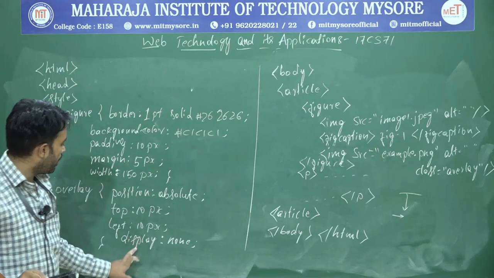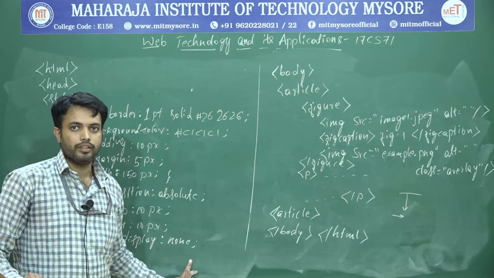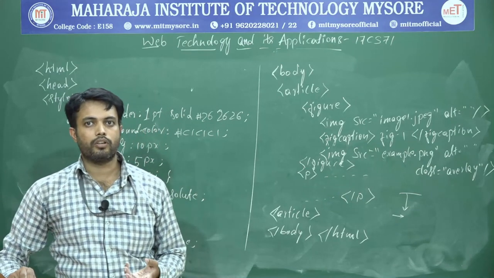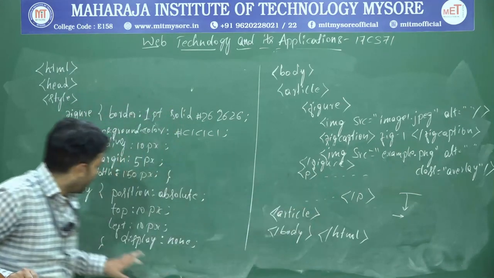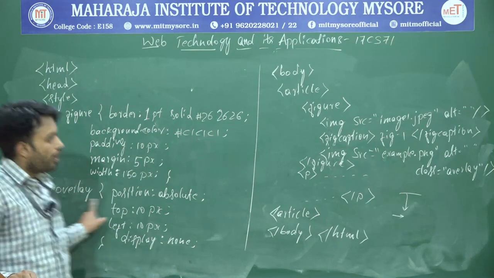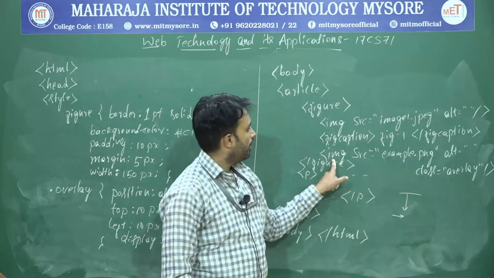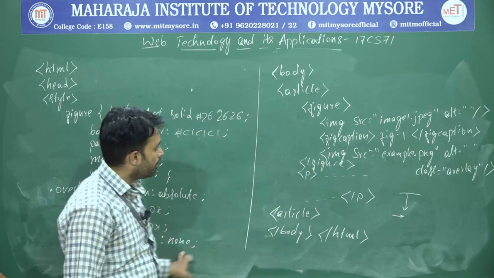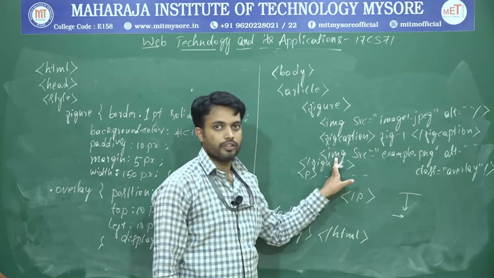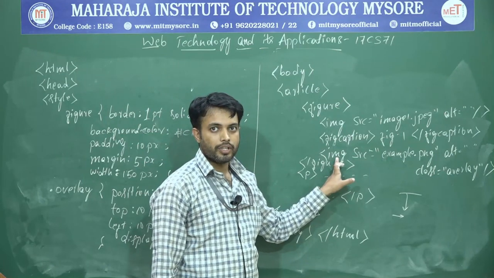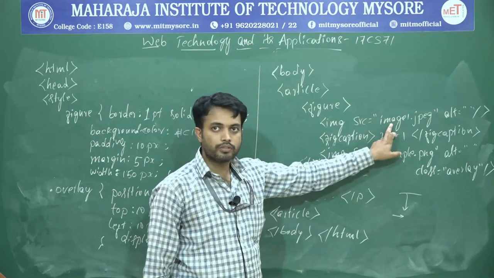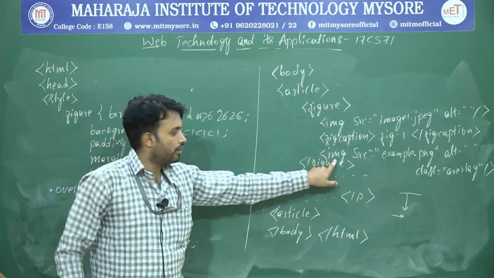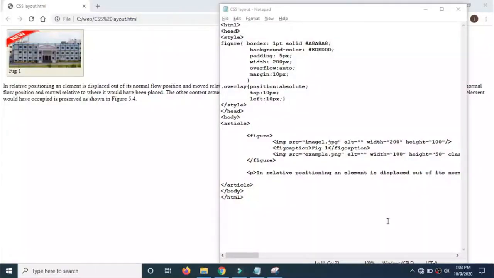This overlay class is for the second image within this figure, so display none means it won't display the second image. Actually this image is overlapping the first one, but since I have made it display none, the second image is not displaying.